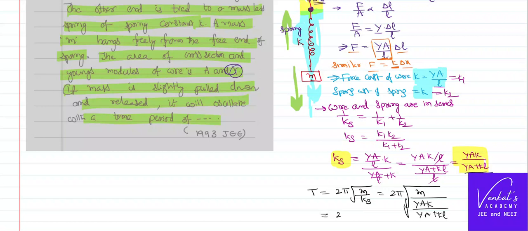If you rearrange the terms, the denominator of the denominator comes to the numerator: 2 pi into root of m into YA plus KL divided by YAK. That is how we can find the time period of this system based on the concept of simple harmonic motion, right? That's it. Thank you for watching. We'll continue further in the next videos.